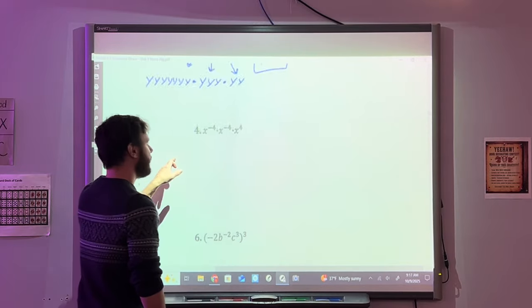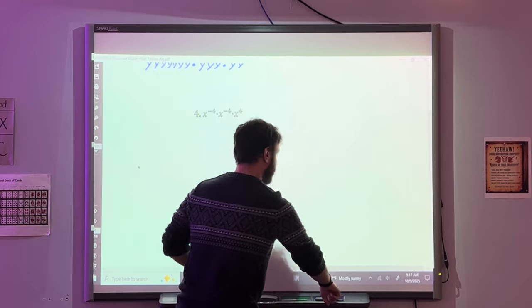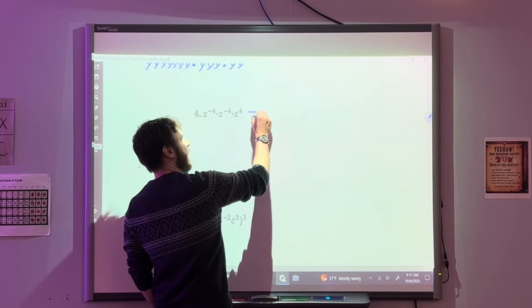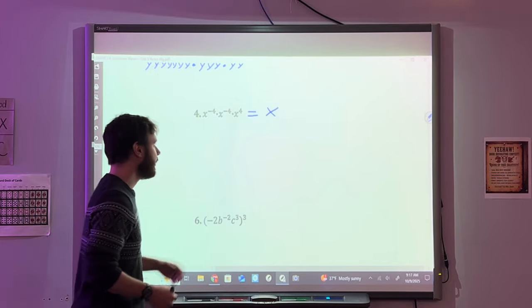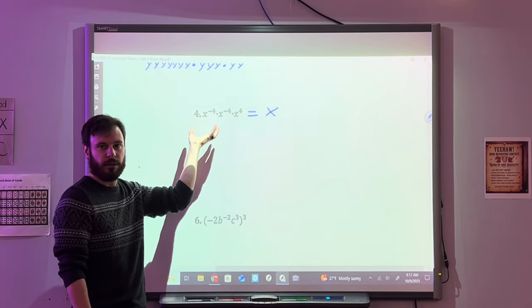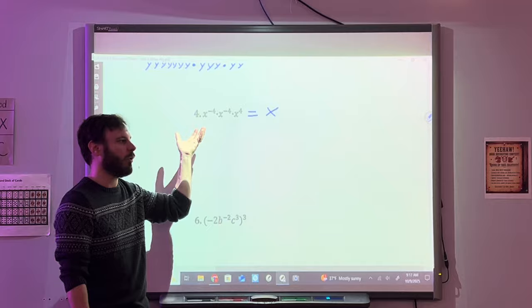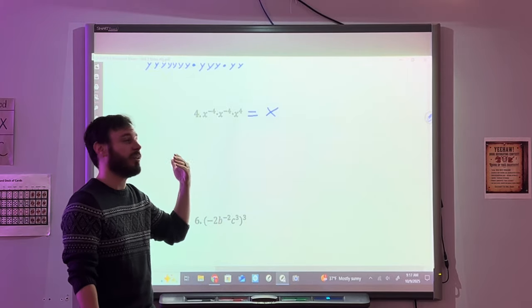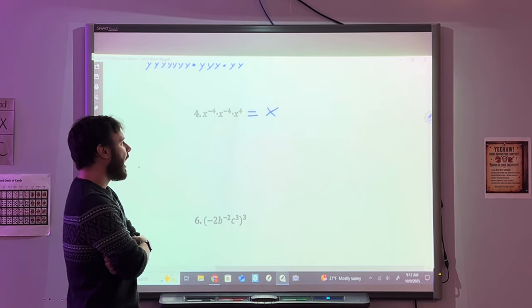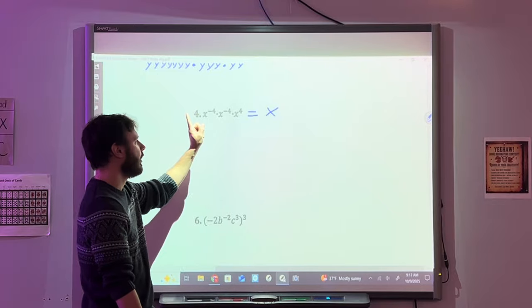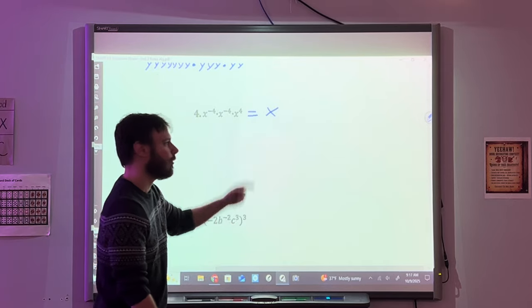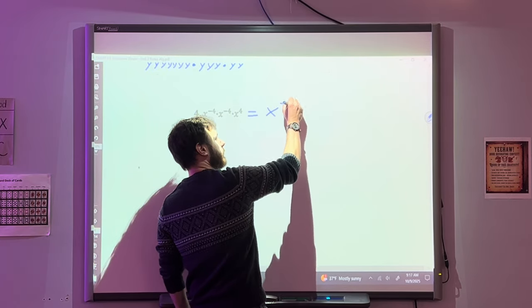Number 4. I'm still multiplying with like bases. This time my base is x. Remember, the base is the thing attached to the exponent. That is what the exponent is doing the raising of. And we're going to add these together. I see -4, -4, +4, add it all together.